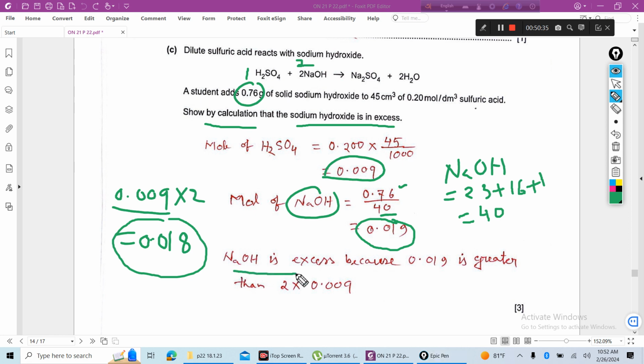So sodium hydroxide is in excess because 0.019 is greater than 2 times of sulfuric acid, 0.009 equals 0.018. 0.019 is greater than 0.018. So moles of sodium hydroxide is in excess.